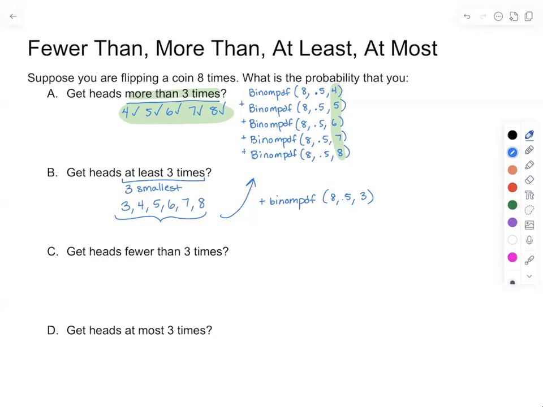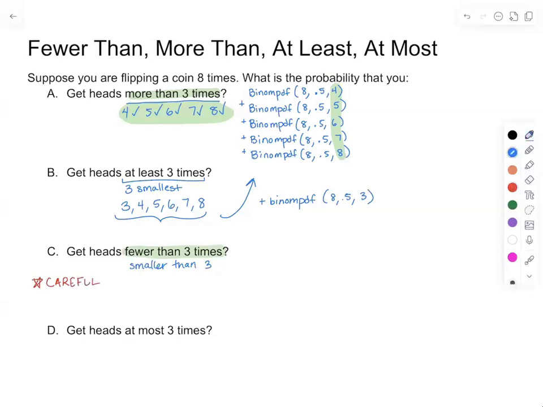Now, the next one says, what's the probability that we get heads fewer than 3 times? Fewer than 3 tells me that I have to be smaller than 3. So what numbers are smaller than 3? And here's a place to be careful, because this is one of those frequently made mistakes that we want to watch out for.